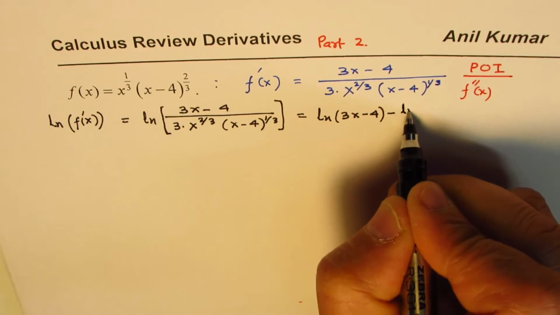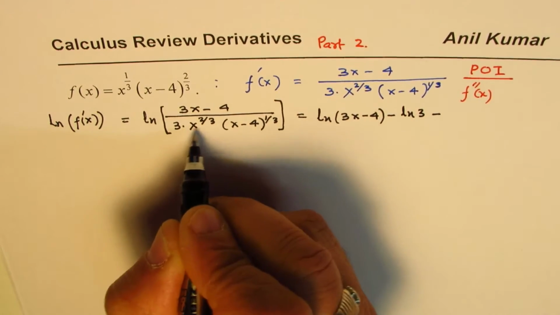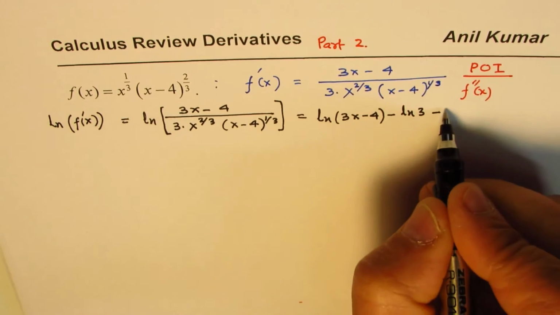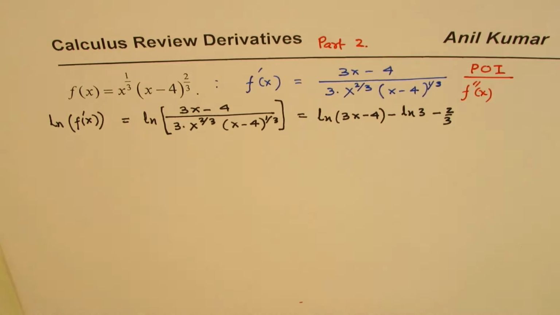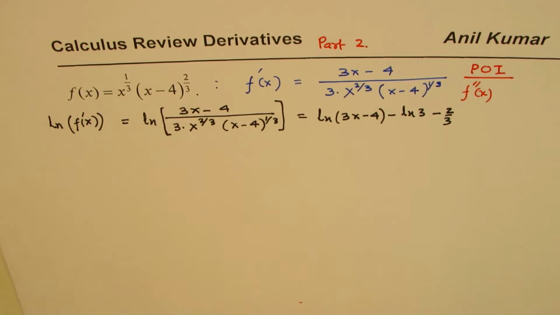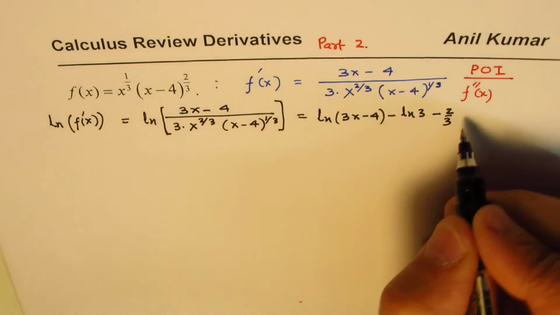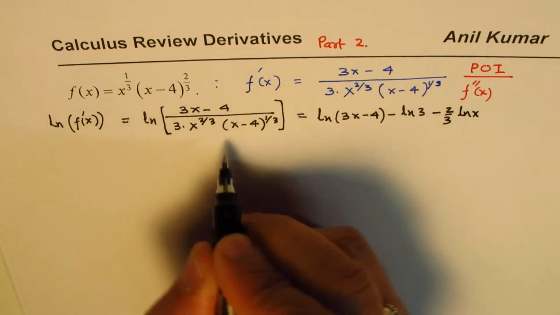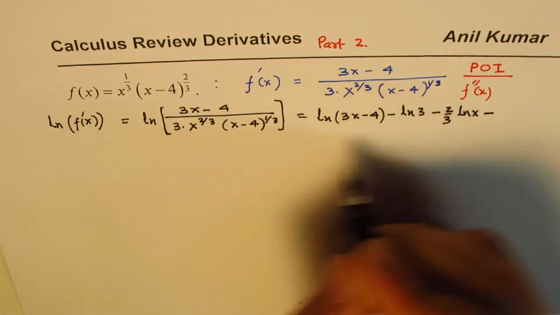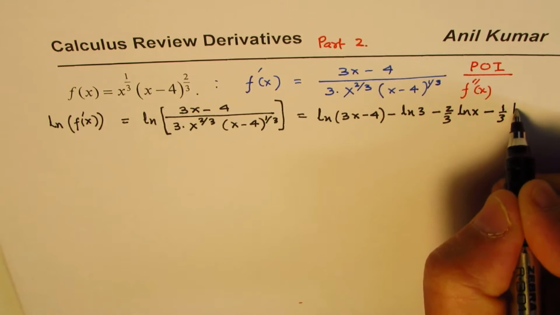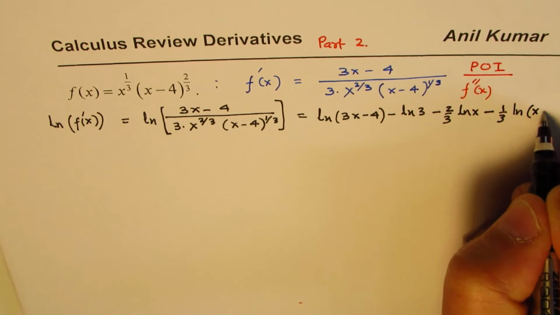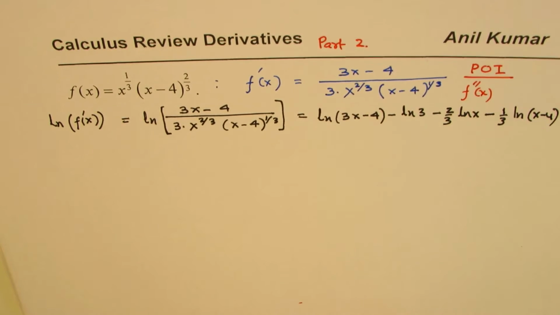So minus ln 3 minus this part. The power comes like this, 2 over 3. You may review how to use logarithms to find derivatives. And then this is ln x, and for that part it will be minus, since all is in denominator, 1 over 3 ln(x minus 4), right?